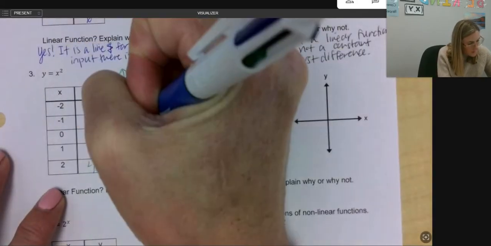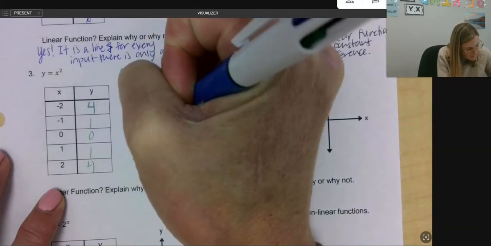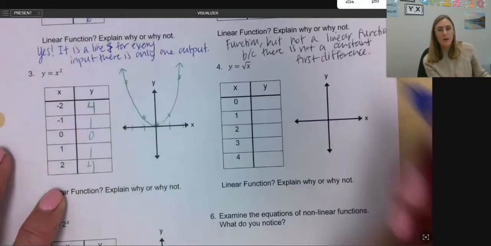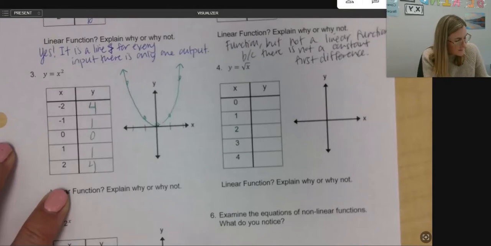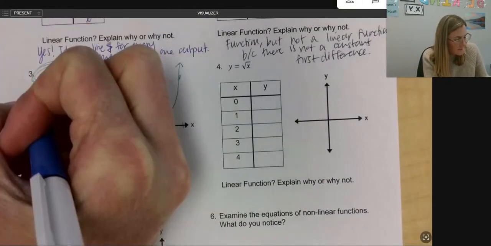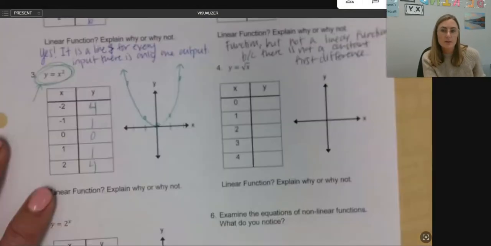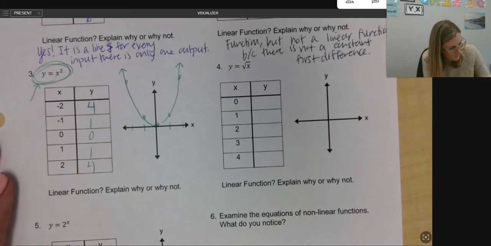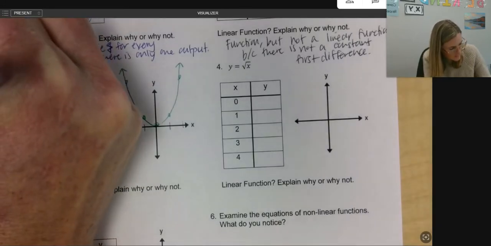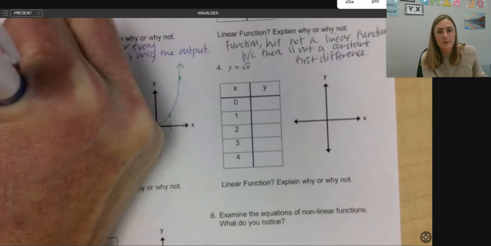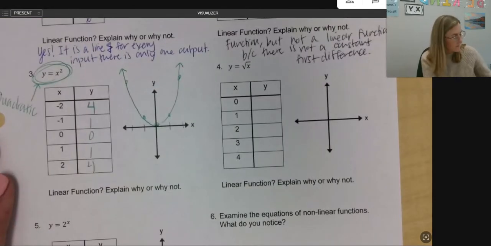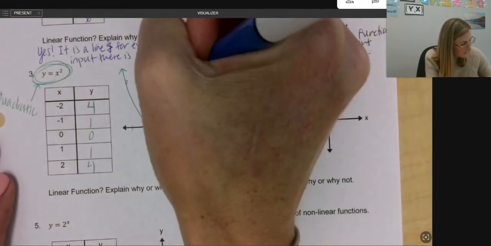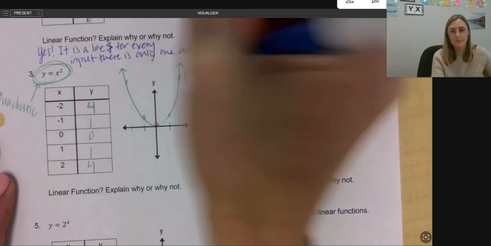We call this a parabola. We'll get more into this later, but anytime you have something that's squared like that, we call this quadratic. And the shape that it's going to form is a parabola.